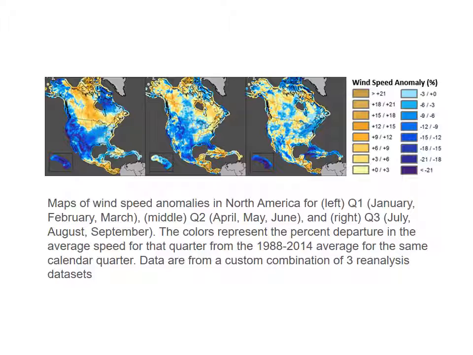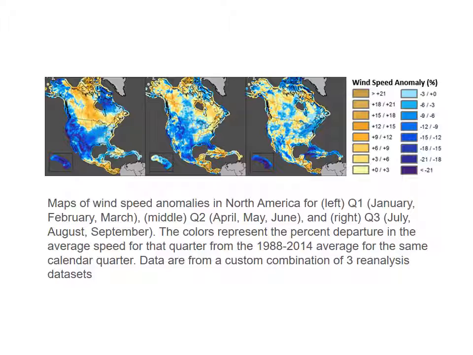There are these three figures of North America, and they go from left to right, the first, second, and third quarter. First quarter is January through March, second quarter is April through June, and the third quarter is July through September. And the colors represent the percent departure in the average wind speed for that quarter relative to the period 1988 to 2014 for the same calendar quarter.